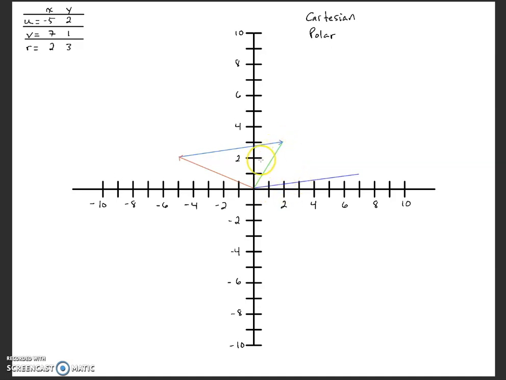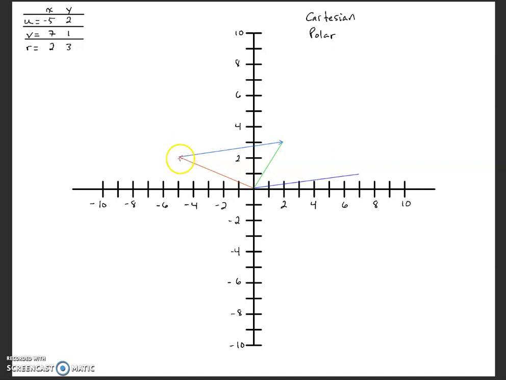Now what you can notice is we're going to use the tip-to-tail method for vector addition. If you notice right here, we have from 0, positive 7, positive 1. And the first vector was at negative 5 and 2, right from here.